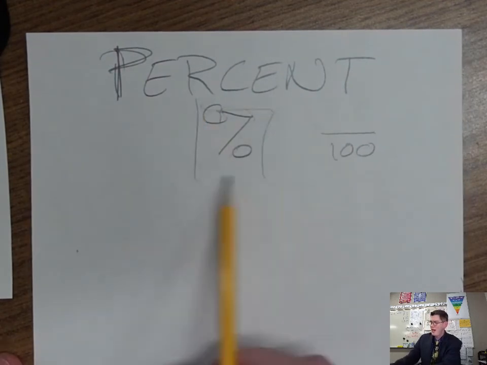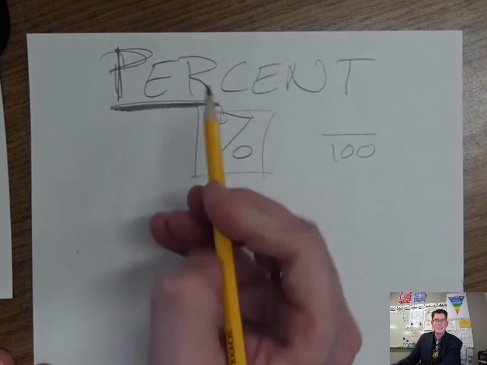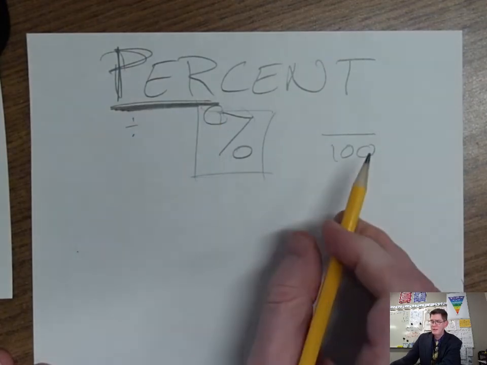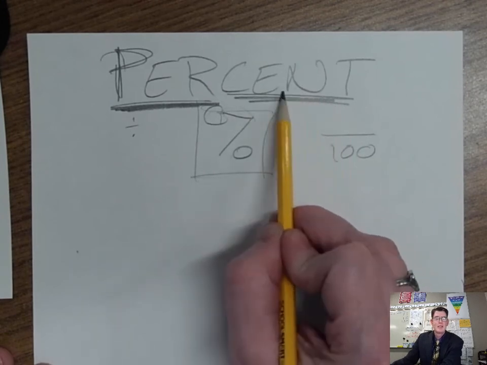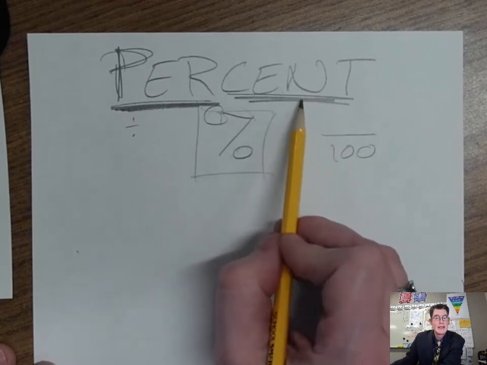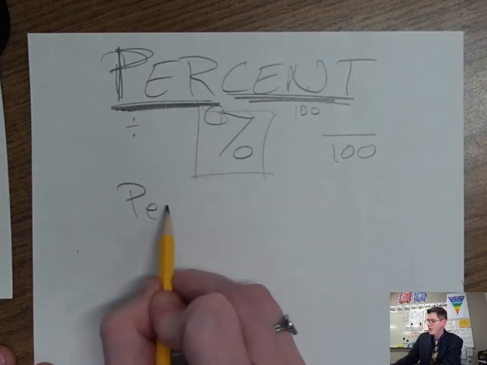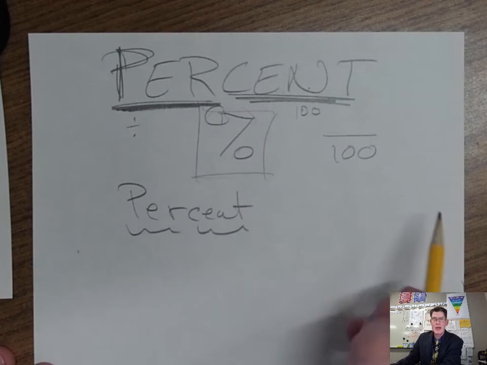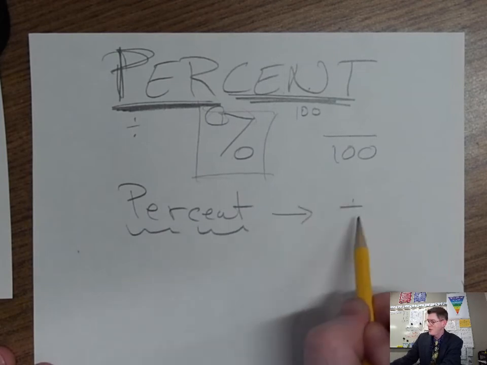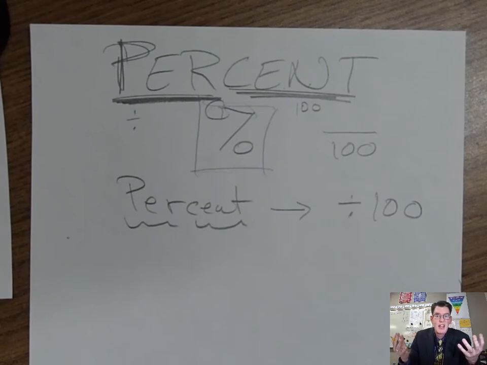We already know what per means. It just means divided by. And cent, if I talk about century, centurion, centennial, it just means 100. So when you see the word percent, all it means is you're dividing by 100. That's all it is.